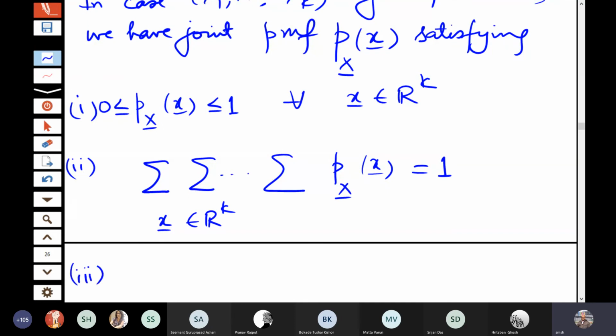And of course, PMF actually denotes the probability of the point.